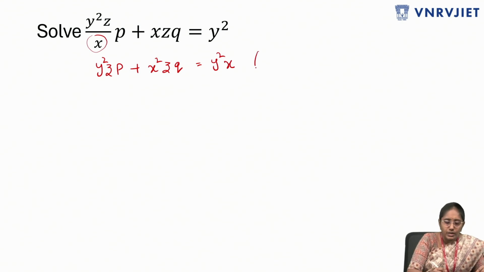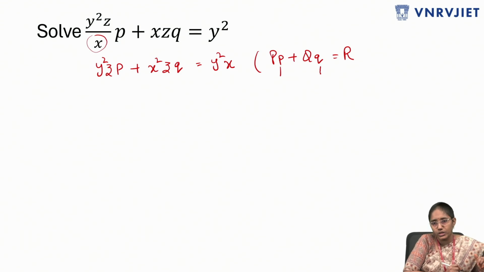Now observe, it is in the form Pp + Qq = R. Here small p and small q indicate partial derivatives. As you know, p is dou z by dou x and q is dou z by dou y, the first order partial derivatives.